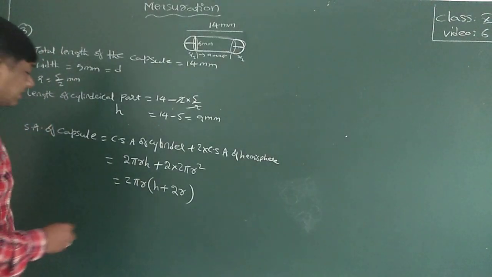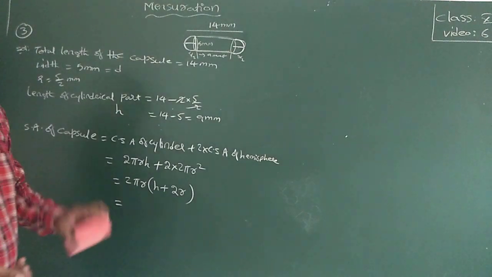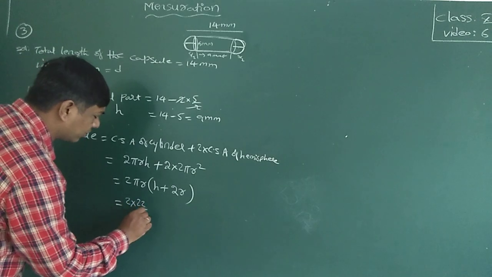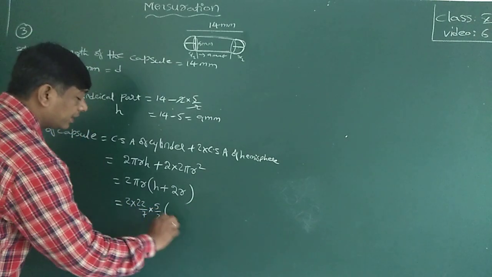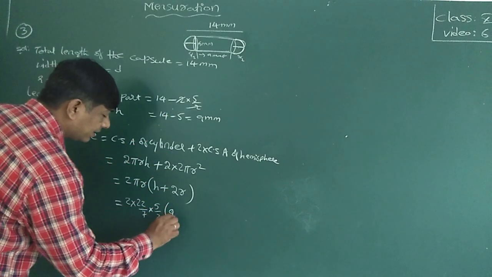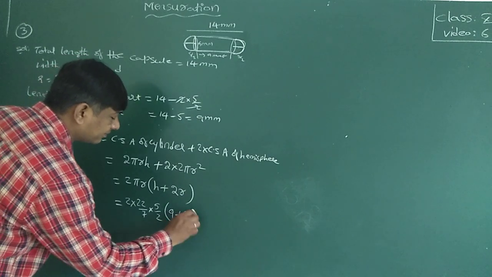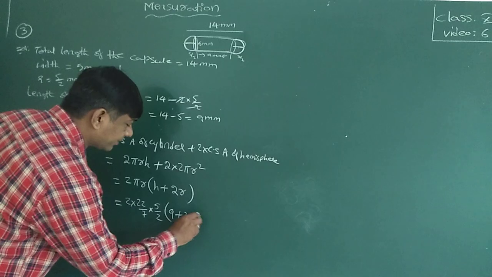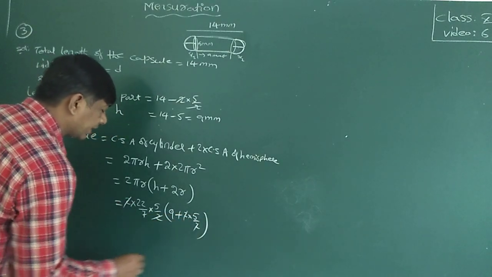Now substitute the values here. Are they mentioned 3.14? No. So directly you can use 22 by 7. 2 into 22 by 7 into r value 5 by 2 into h value 9 plus 2 into 5 by 2, which means 5. The 2 cancels, 2 cancels.